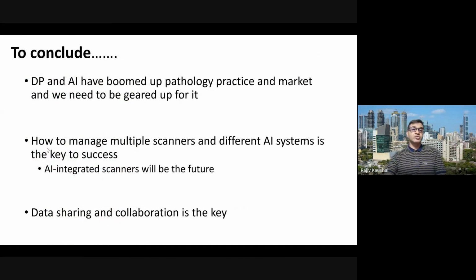So to conclude, digital pathology and AI have boomed the pathology practice and market, and we have to gear up for it. The days are not far away when the reporting and the diagnostic work will move towards digital pathology. And if you don't get accustomed to it, there will always be a fear that we might lose our job.